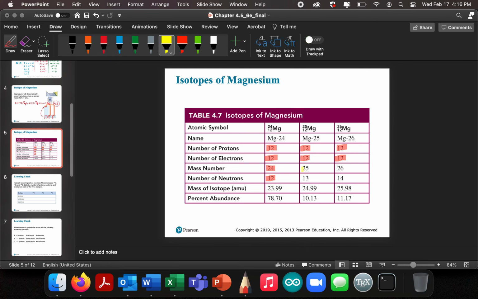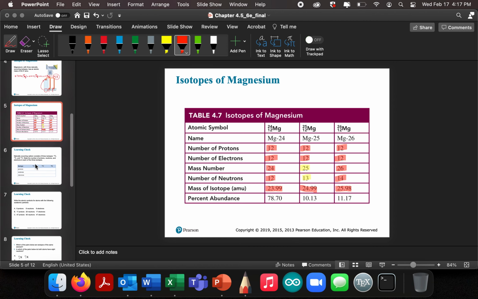The mass number for magnesium 25 is 25, and so it has 13 neutrons. And the mass number for magnesium 26 is 26, and so it has 14 neutrons. And here are the masses of each one, and here are the percentages, and with that, we could calculate the average, which we're not going to do.